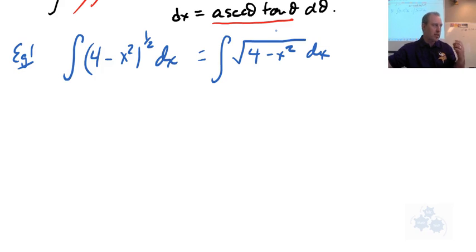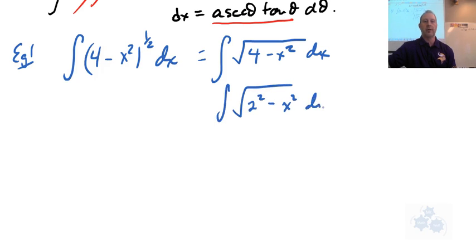So we're going to be substituting sine. Remember, this 4 is actually 2 squared, right? So think about this as 2 squared minus x squared dx. So our a is going to be 2. All right. So if that's the case, then what we want to do is sub in for x. We want to do the square root of 4, which is 2 sine theta.